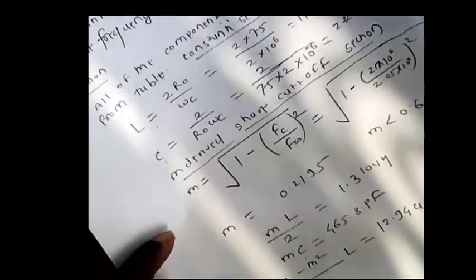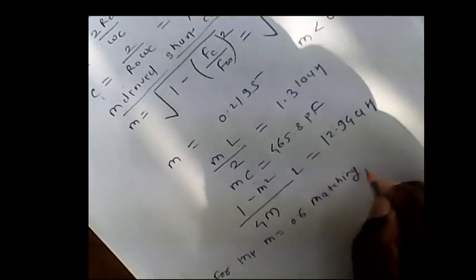Then for the third stage, the value of m for the matching section is 0.6, the last one. So m into L divided by 2 gives 3.582 microhenry.